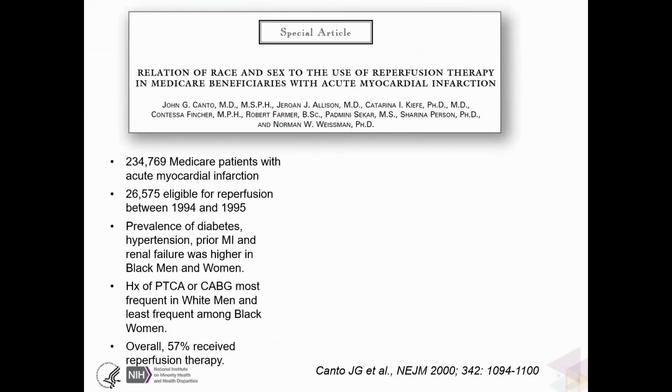In this other example, actually, is one of the first publications on health disparities in the US. The investigators examined whether there was a difference in the use of reperfusion therapy among patients that were eligible to receive it based on their clinical picture.